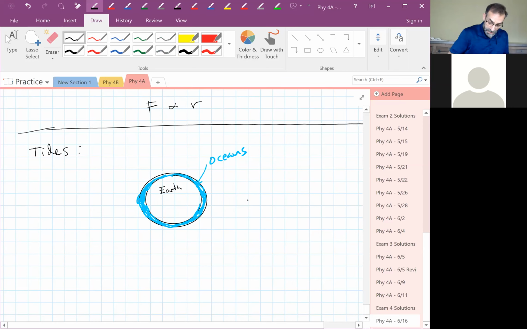And we've got the moon over here and the sun over here. Then we get this elongation that takes place, right? You see that it gets stretched a little bit in one direction.